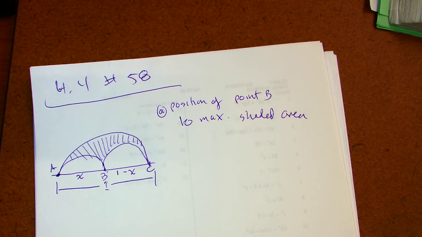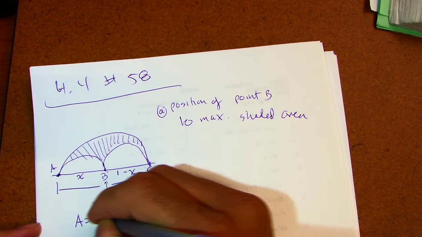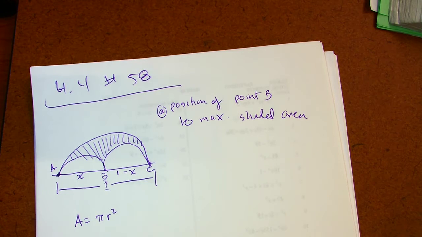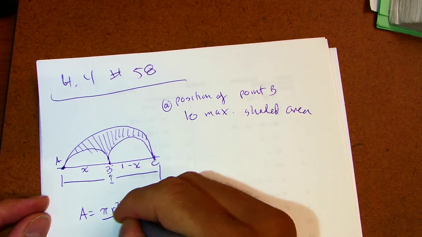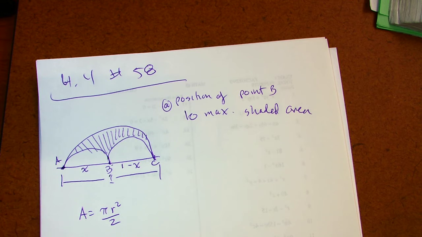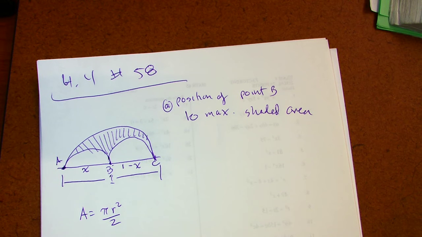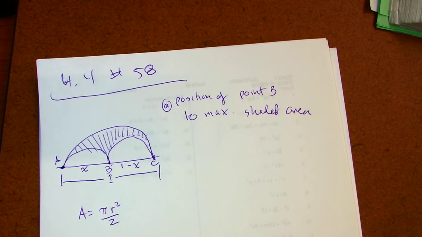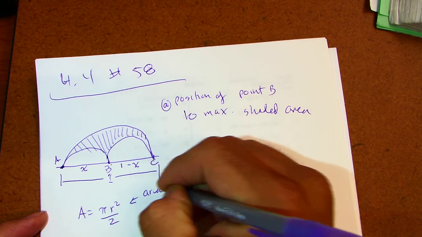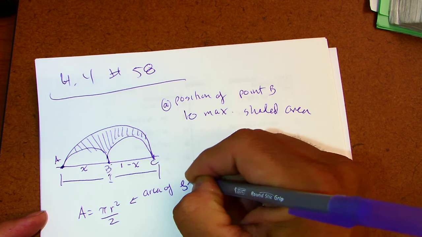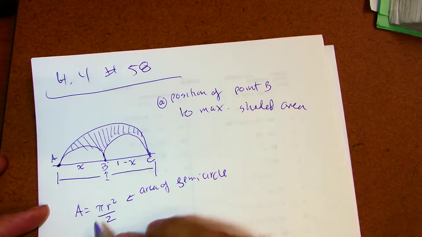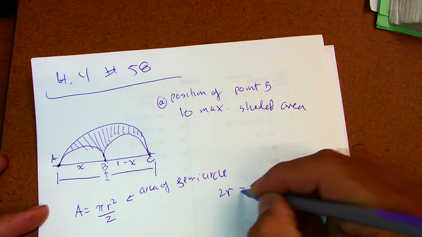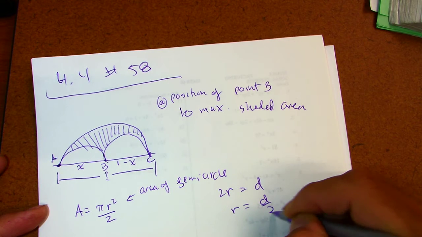All right, then the area of a semicircle with diameter d. Keep in mind that area is pi r squared, or at least here, half of that. So that's the area of a semicircle. Now we know that 2r is d, or r is d over 2.